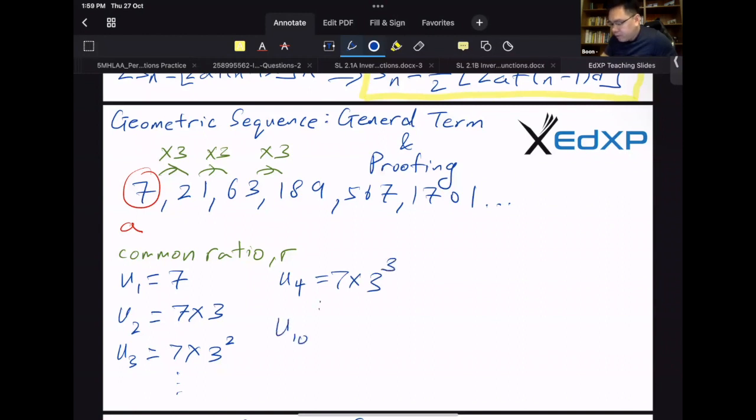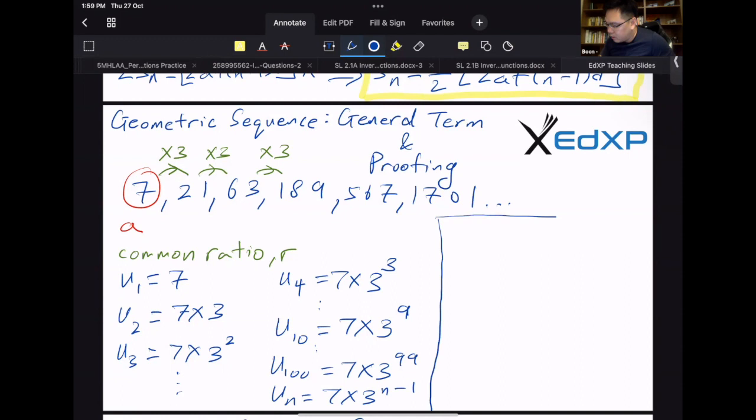We can go on, we can find the 10th term, any term we can find, as long as we have the first term and the common ratio. 7 times 3 to the power 9 in this case. And the 100th term, if we continue on, is 7 times, anybody? 3 to the 99. So we can find any term we want. So the general term for this will be 7 times 3 to the n minus 1, if we think about it.